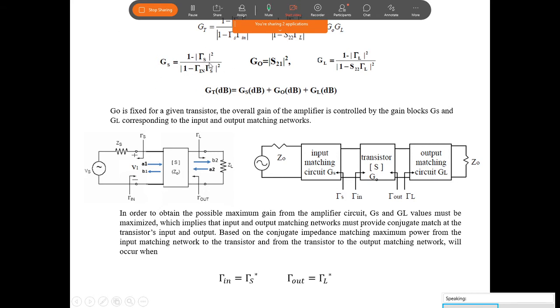TOS should not be 0, it should be something. So we should have the impedance matching network here. Using this impedance matching network, you should set the value of TOS.